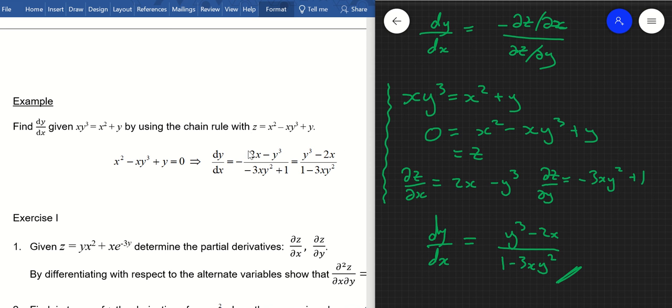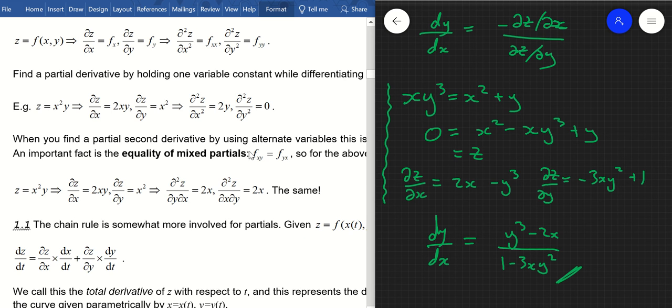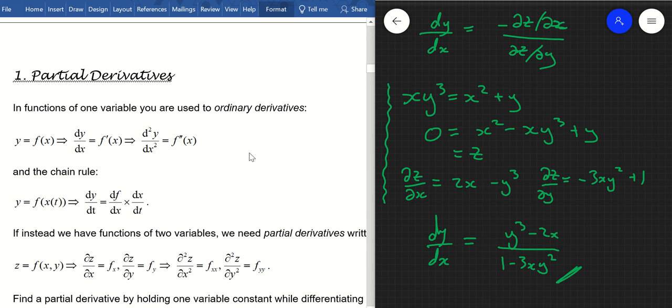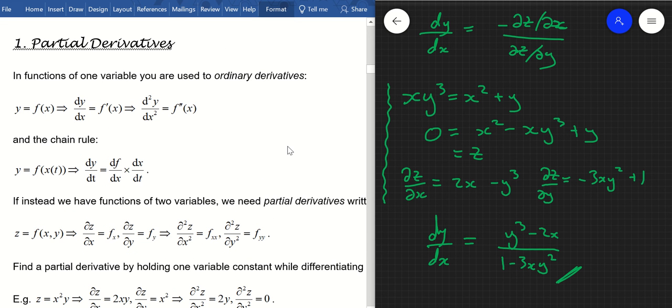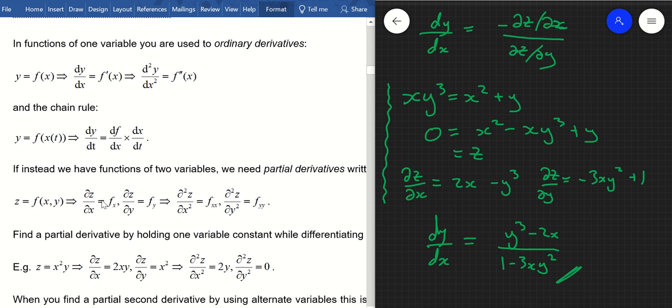Okay, I hope that makes some sense. I explained what a partial derivative is, and that is fixing one letter and differentiating with respect to the other letter. There's notation like this, shorthand, which saves you doing a lot of writing.